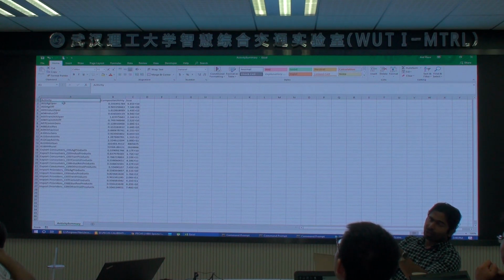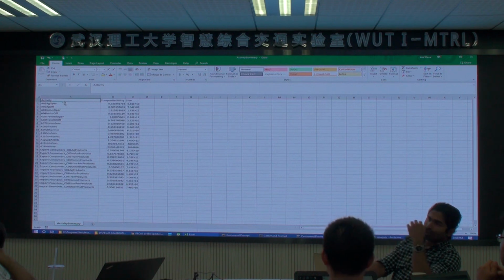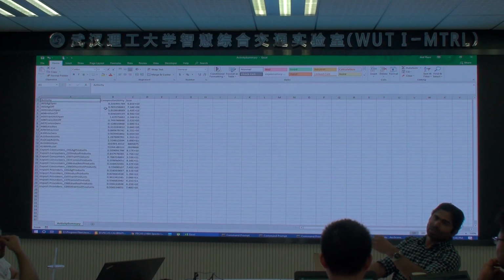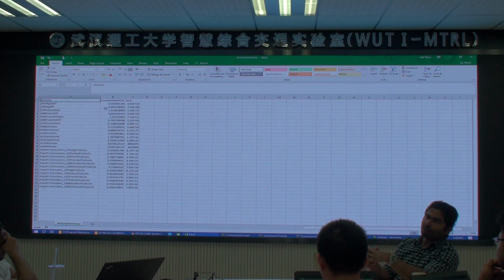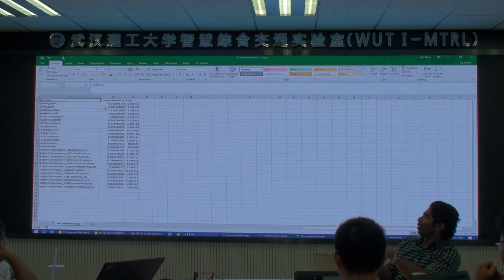Also you can calculate the composite utility for the whole region. For example, if you are doing analysis, utility means the dollar amount of money value for each activity you have.